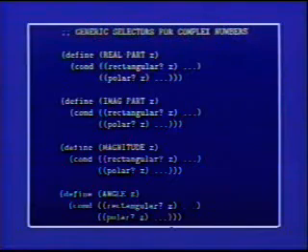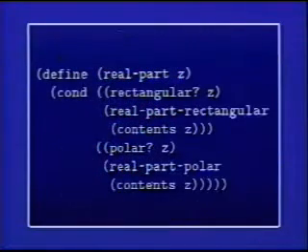And let's look at them more closely. What does real part do? If I ask for the real part of a complex number, well, I look at it. I look at its type. I say, is it rectangular? If so, I apply George's real part procedure to the contents of that complex number.